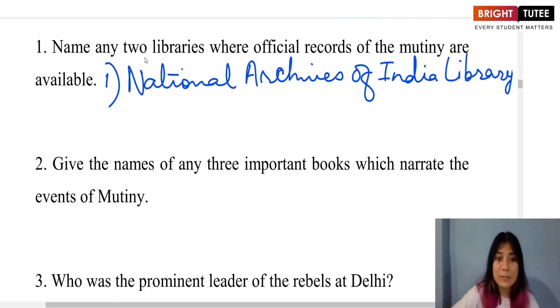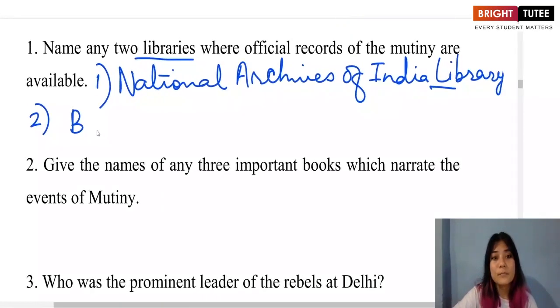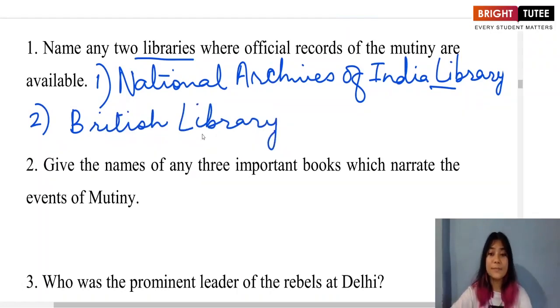Since it asks for two libraries, had there been named any two places where official records of the mutiny are available, then we could have just put National Archives of India. But the National Archives also has a library, so we can put National Archives of India Library. And number 2 is the British Library. Alright?